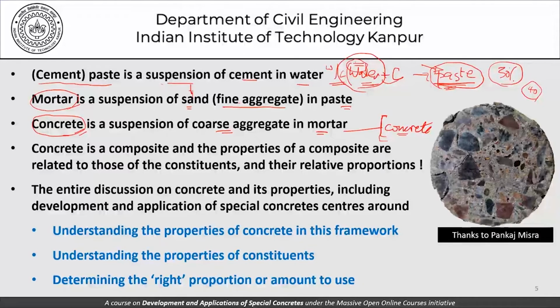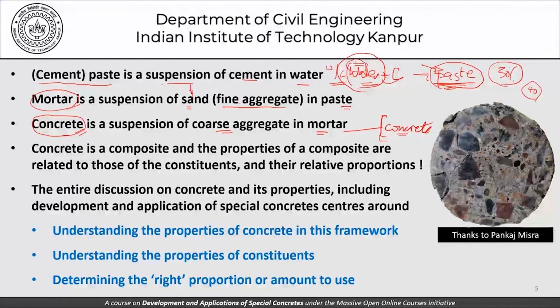That's why I said the proportioning is very much related to the kind of properties that you want. And then you add a certain amount of cement, get the fluidity in paste, get the fluidity in mortar, and finally get the fluidity in concrete. Now, concrete is a composite, and the properties of the composite are related to those of the constituents and their relative proportions. This will be clear if you follow this line of argument.